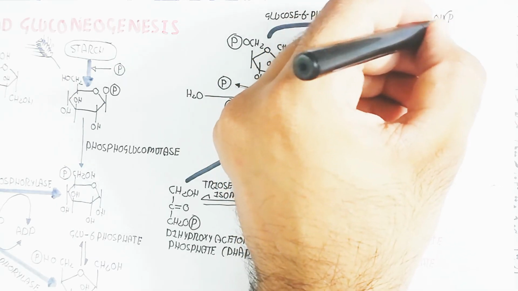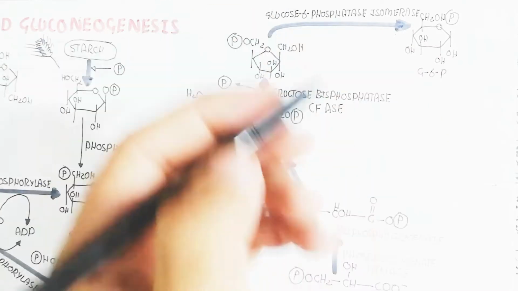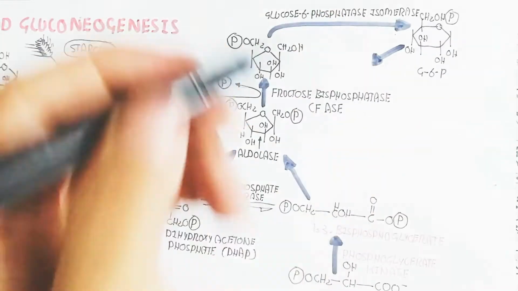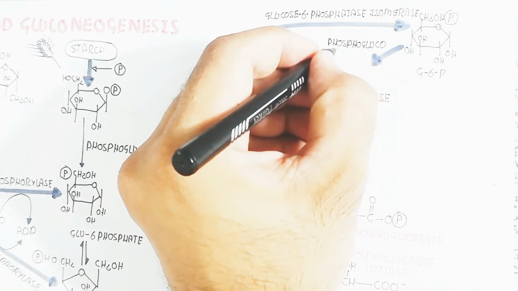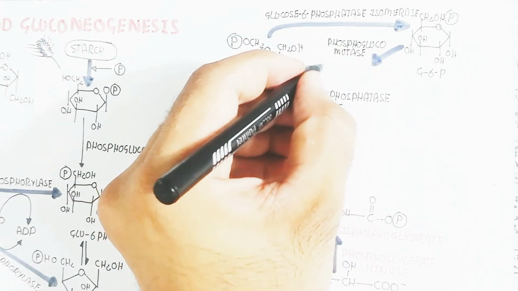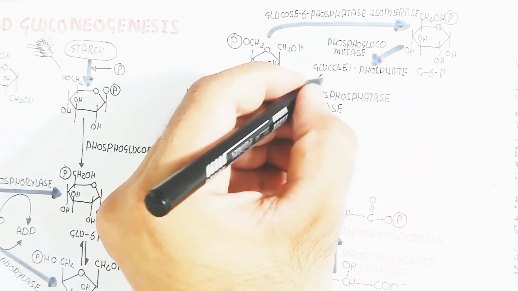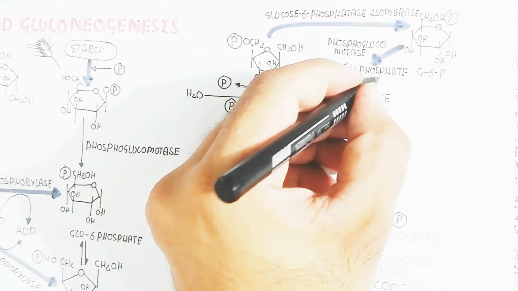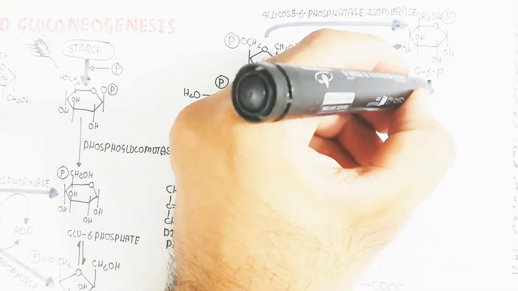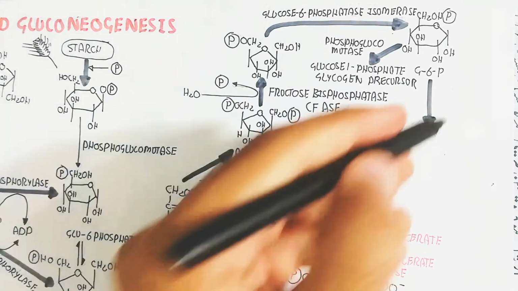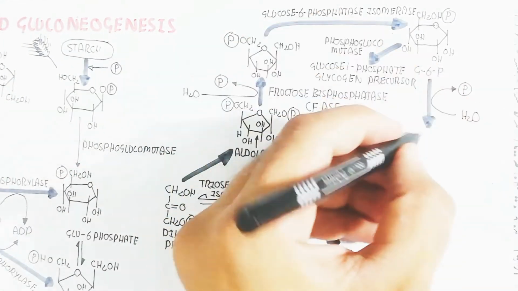But remember, the glucose 1-phosphate is what is required for glycogen synthesis. So in this way the phosphoglucomutase enzyme produces glucose 1-phosphate, the glycogen precursor, while on the other hand the glucose 6-phosphate is acted on by water to release the phosphate group and produce a simple sugar, glucose.